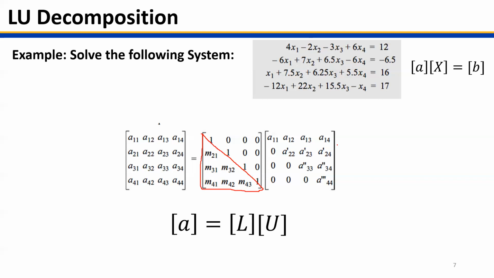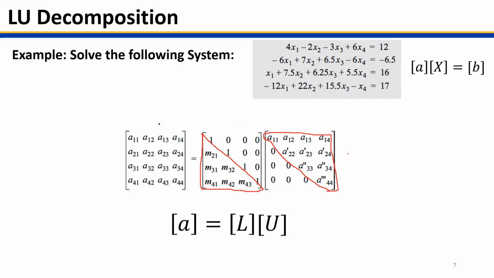Okay. So let's keep that in mind. And so what do we notice about this U matrix? So what is that? Yes, it's the upper triangular matrix.